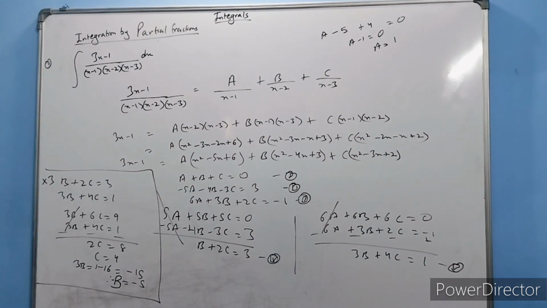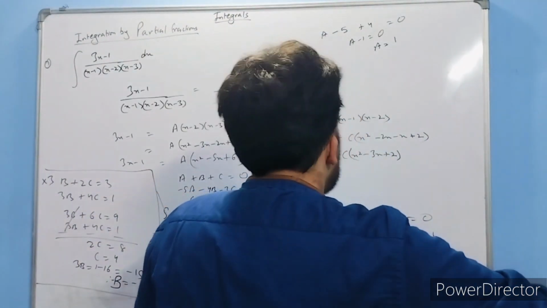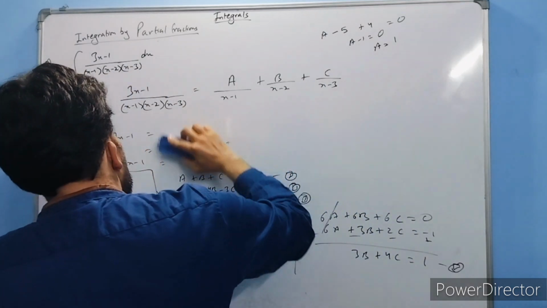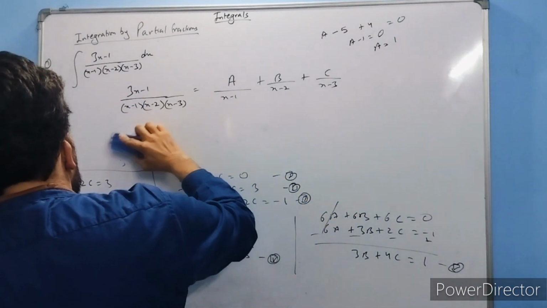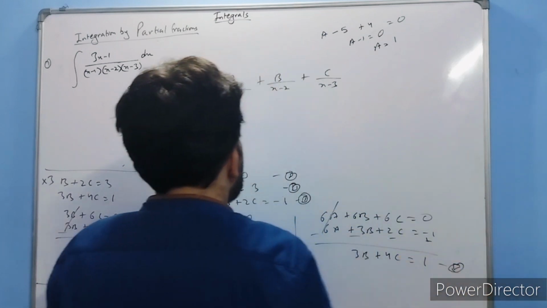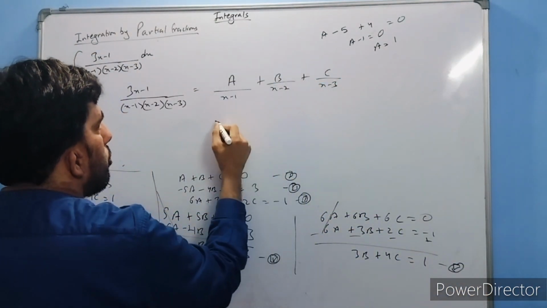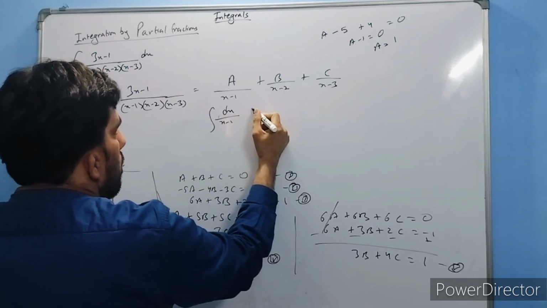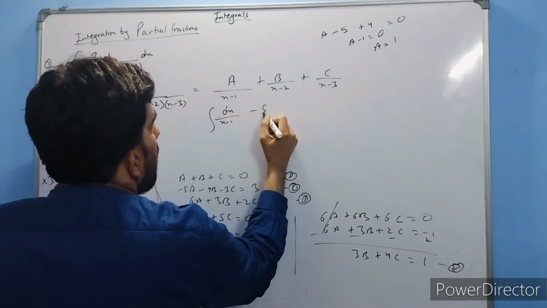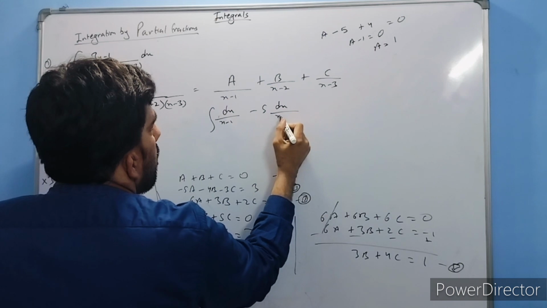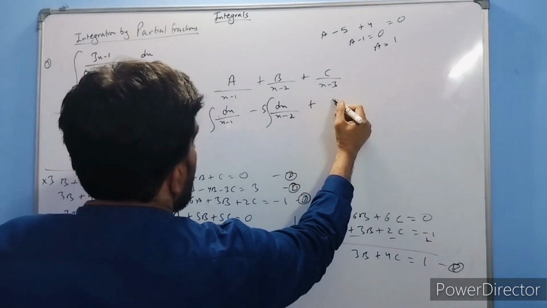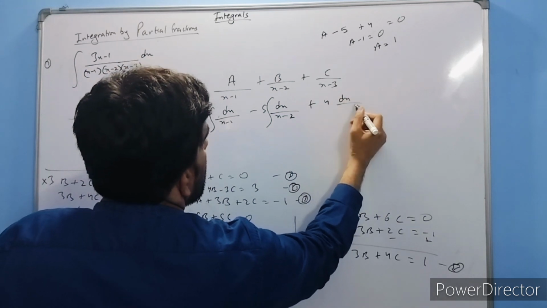Okay, now let us put this value here so that we can easily solve this numerical. Now I got a is 1. So I got dx upon x minus 1. Now what is b? Minus 5, take it outside, x minus 2, plus what is c here? 4, take outside.